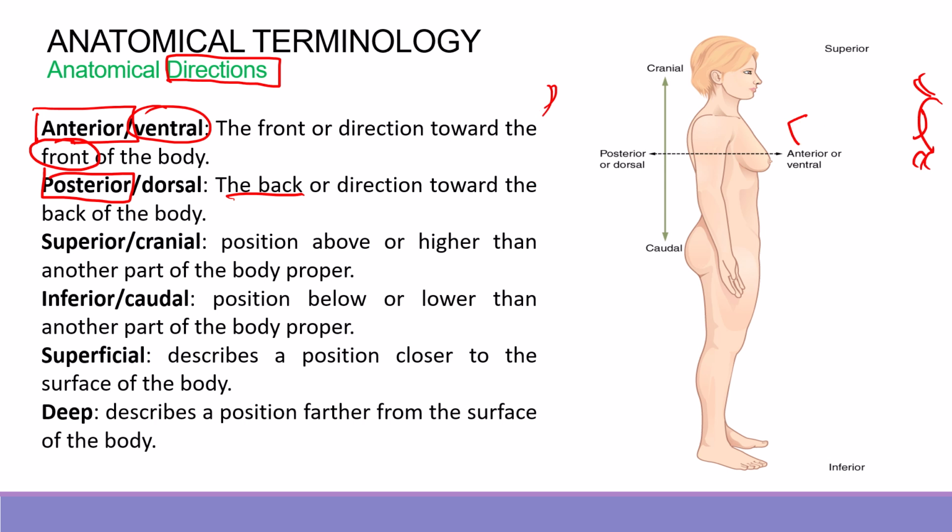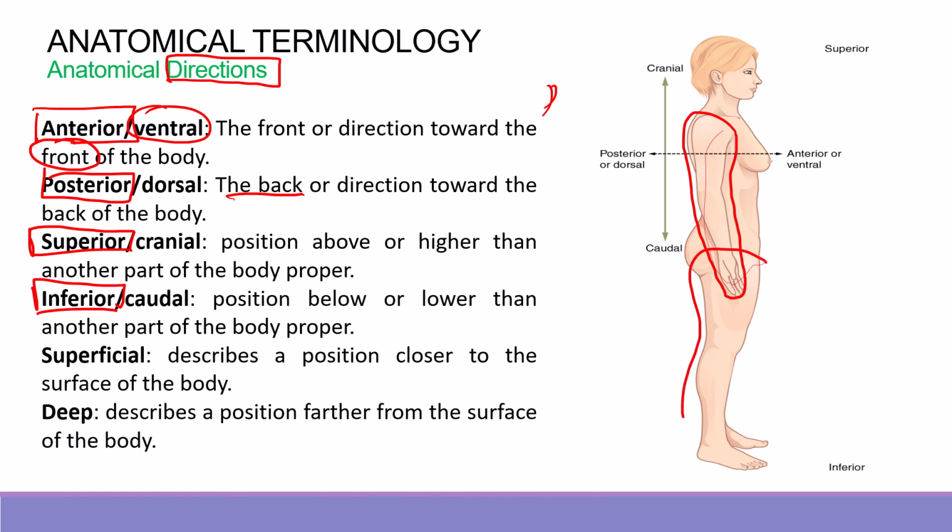Now, superior versus inferior, that's pretty straightforward. What you need to be able to recognize is that there are other definitions like distal and proximal that can be confused by students, specifically when we describe the limbs or the extremities.